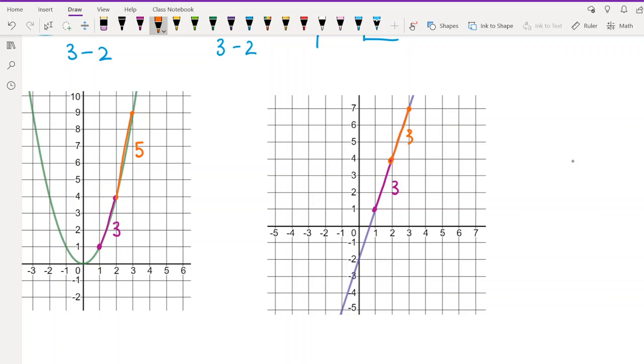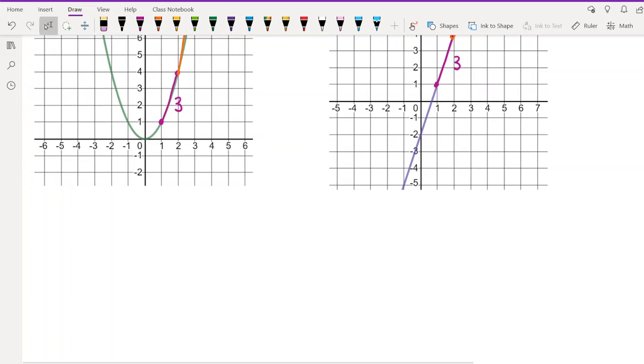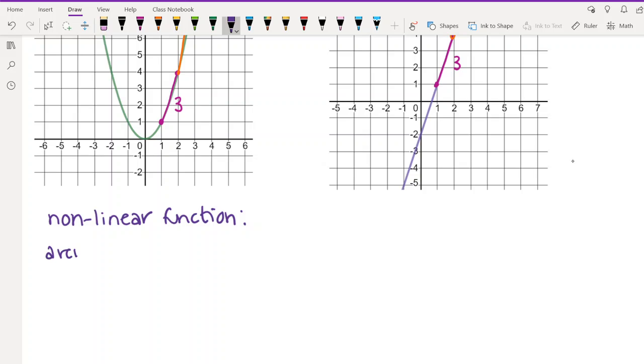And so when we do the slope on the next part, we get the same slope again, right? We get 3. So let me summarize what happened here, which is that for the first function, which is a non-linear function, the average rate of change is going to vary. It depends on which 2 points you're picking.